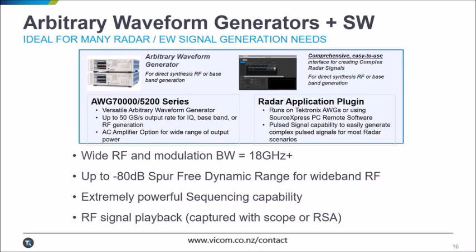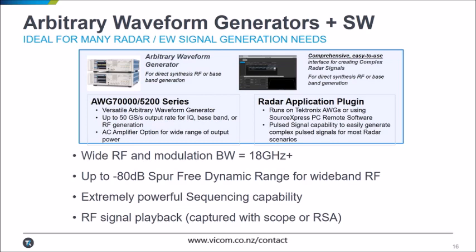Even though AWGs are considered general purpose instruments, they dominate radar research and development as well as onboard active testing systems. Tektronix has been providing these instruments as well as developing easy-to-use software that improves overall efficiencies when performing these complex radar tests.